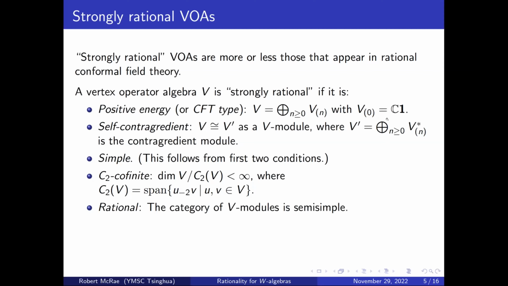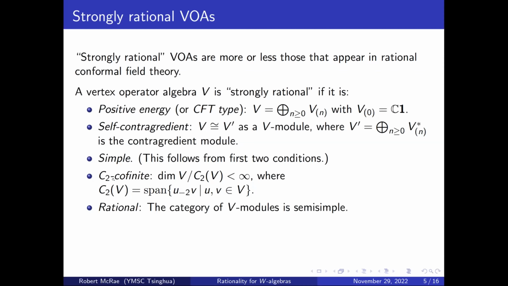If you think of L0 as measuring the energy of a state in the VOA, then this kind of VOA has positive energy. It should be self-contragradient: isomorphic to its contragradient as a module for itself. It should be a simple vertex operator algebra, with no non-trivial ideals. This follows from the first two conditions, actually, so it's automatic.